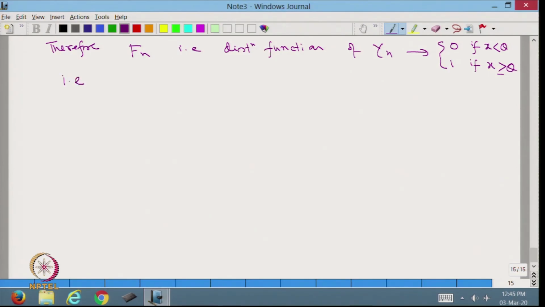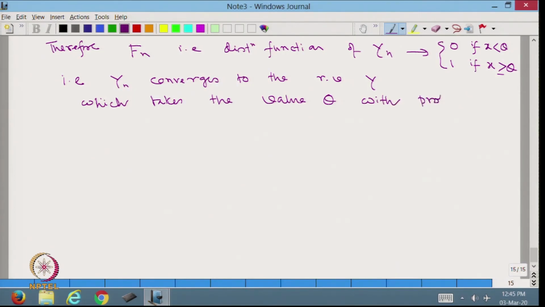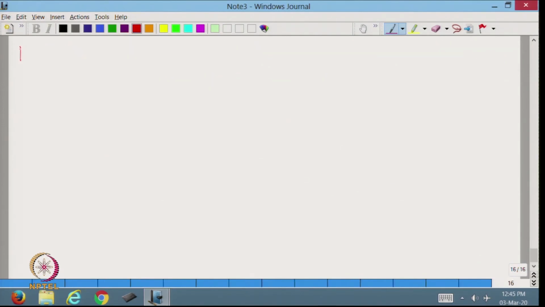That means Y_n converges to the random variable, say Y, which takes the value theta with probability equal to 1.